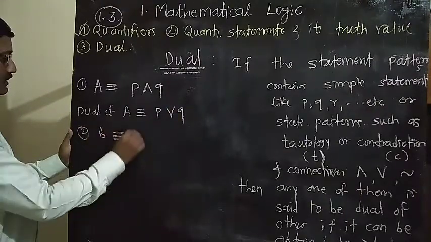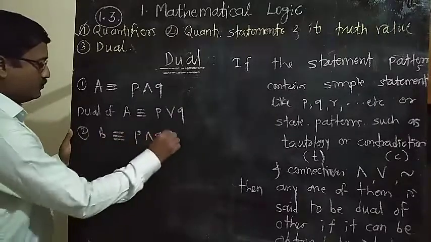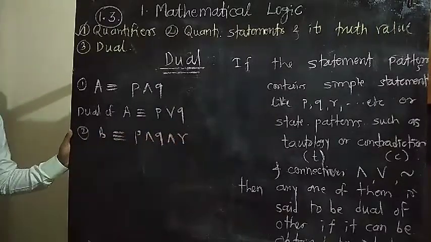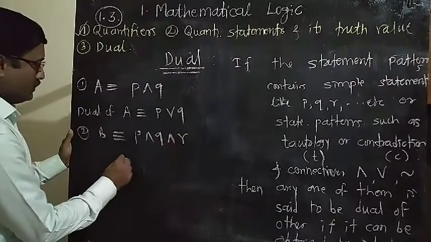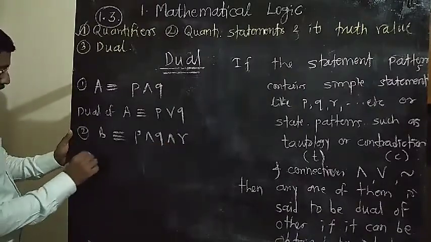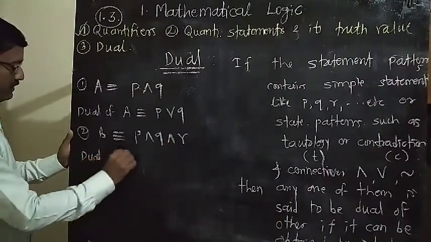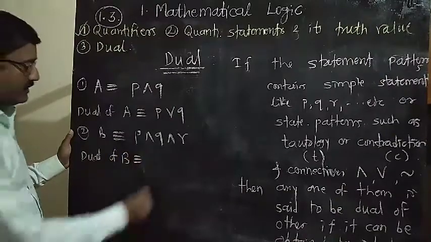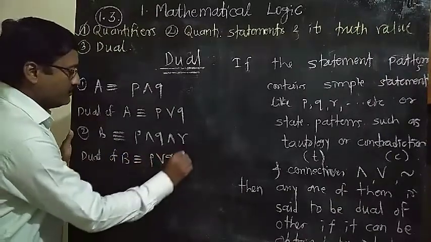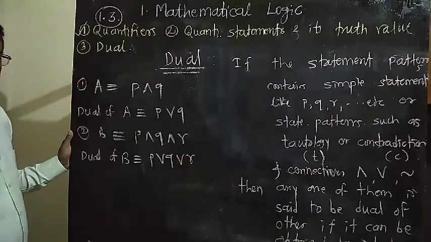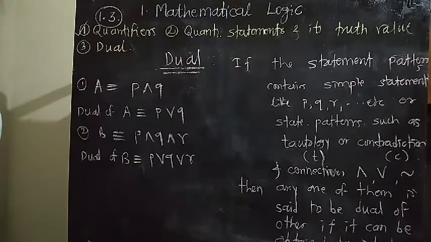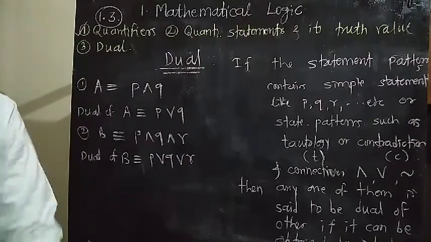Statement B is P and Q and R. Suppose three statements are given and these two connectives are given. Then the dual of B is P or Q or R. It's very simple. Let us see more examples of this dual.